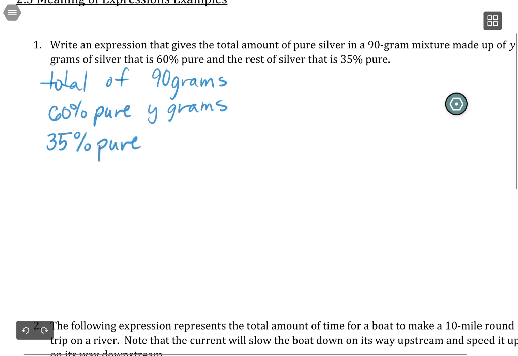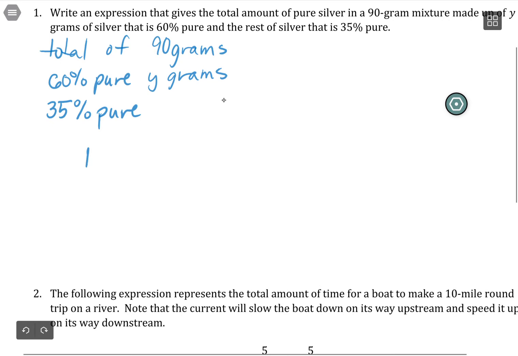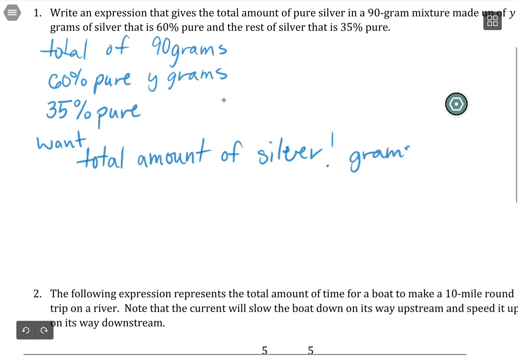And what we want to know is the total amount of silver. And this is not a percentage that I'm looking for. This is actual grams. How many grams of pure silver is in the final mixture?